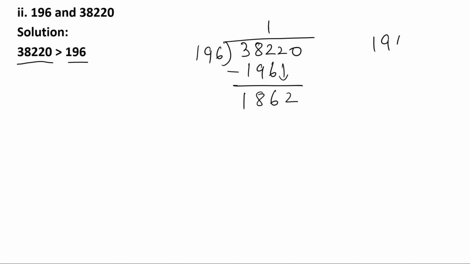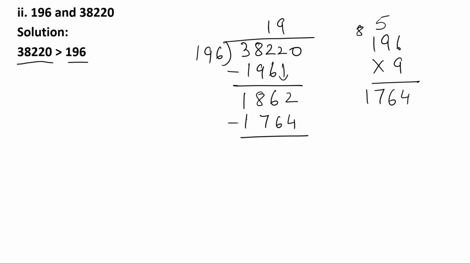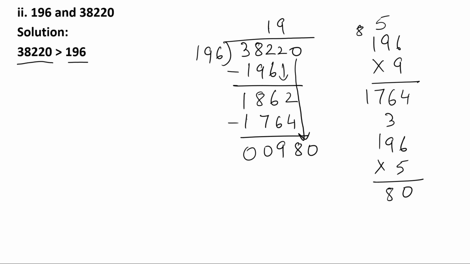Now let's try 196 times 9. Subtract and you get 98. Bring down the 0 from here. Now 980. 196 times 5 equals 980. And we got the remainder as 0.